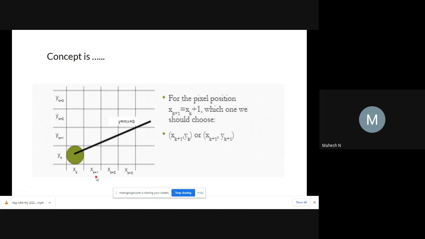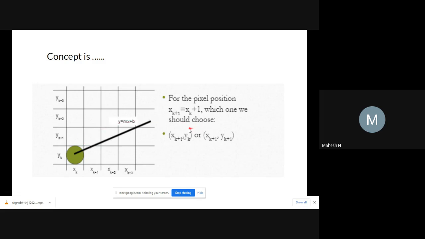The problem is with respect to y, whether I need to keep yk or go for yk plus 1, because part of the line falls in this pixel and part of the line falls in that one. So whether I need to ignite the same y or the above y.